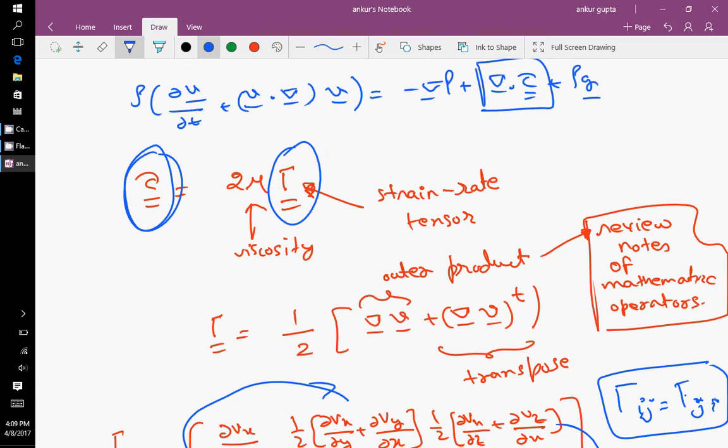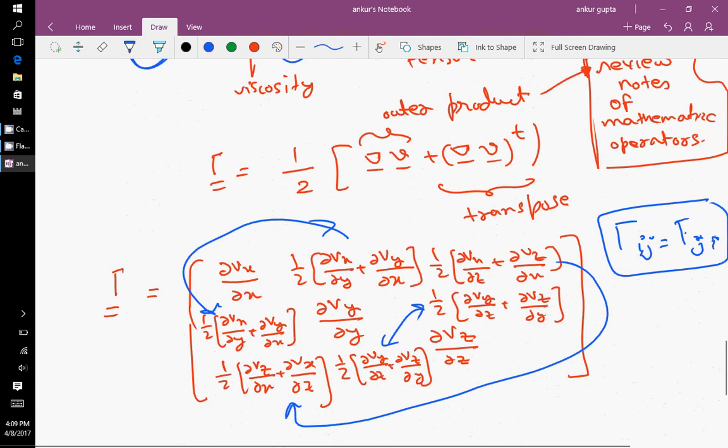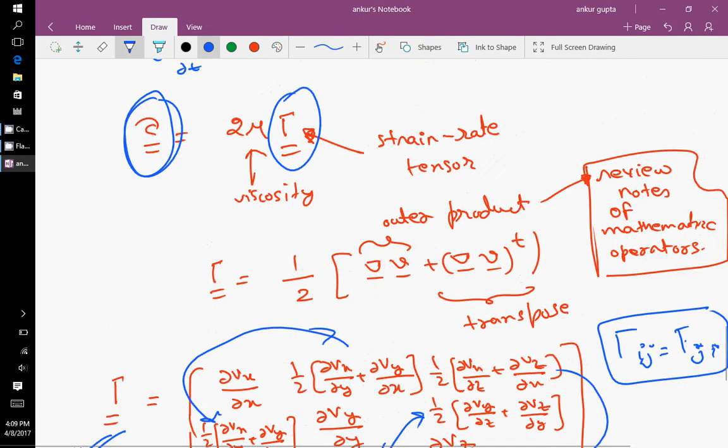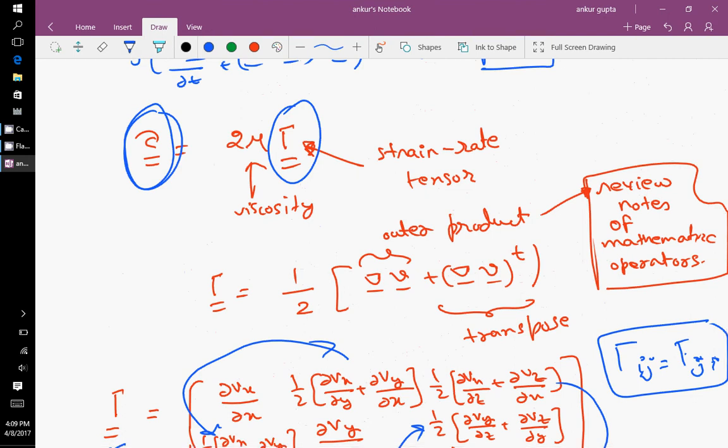This is very important: in any question or problem that you have to solve, you may know a velocity profile or you may have found a velocity profile. In that case, once you have the velocity profile, you can actually write the strain tensor, and from that you can extract the stress tensor. So please note that if you have the velocity profile, you can write the strain rate tensor and then calculate the shear stress tensor.